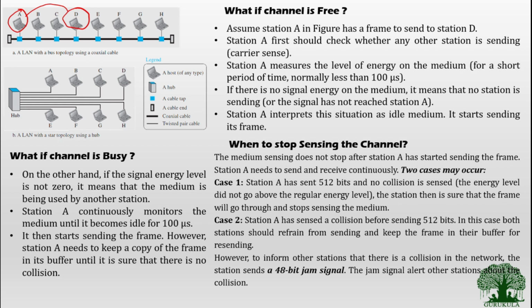This jamming signal is sent to alert the other stations on the network about the occurrence of the collision, so that no other station will try to send any frame on the network. So this is how the carrier sense multiple access with collision detection algorithm works.